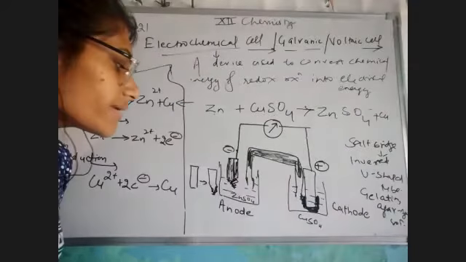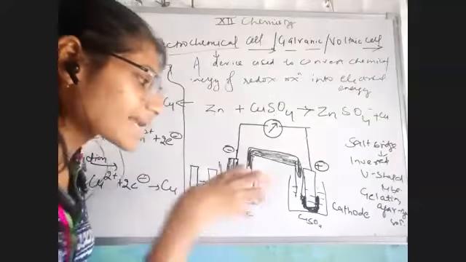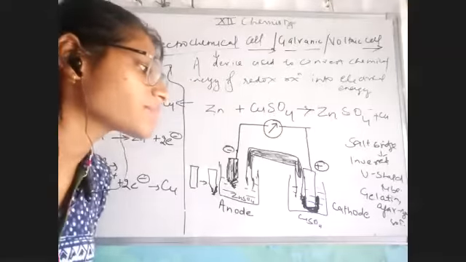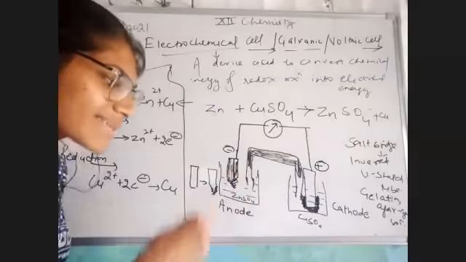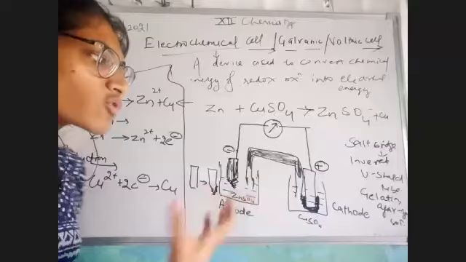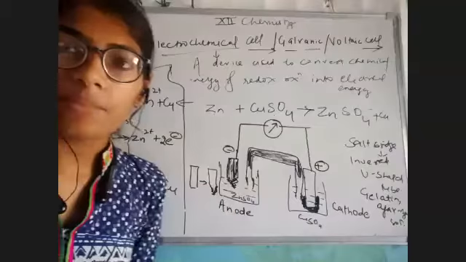What I was telling is that zinc is getting oxidized and copper is getting deposited over the other metal. So these are the observations that take place. That means zinc is getting oxidized, and copper 2 positive is getting deposited there.